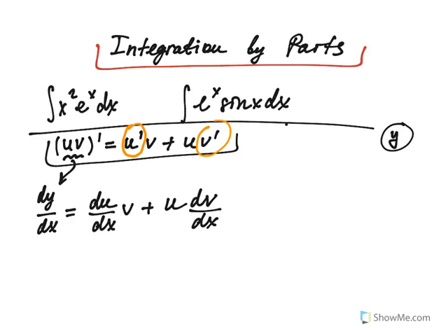Now if you noticed, we can actually cross this out, and we end up with dy equals, excuse me, I'm going to put v first, v du plus u dv, right?